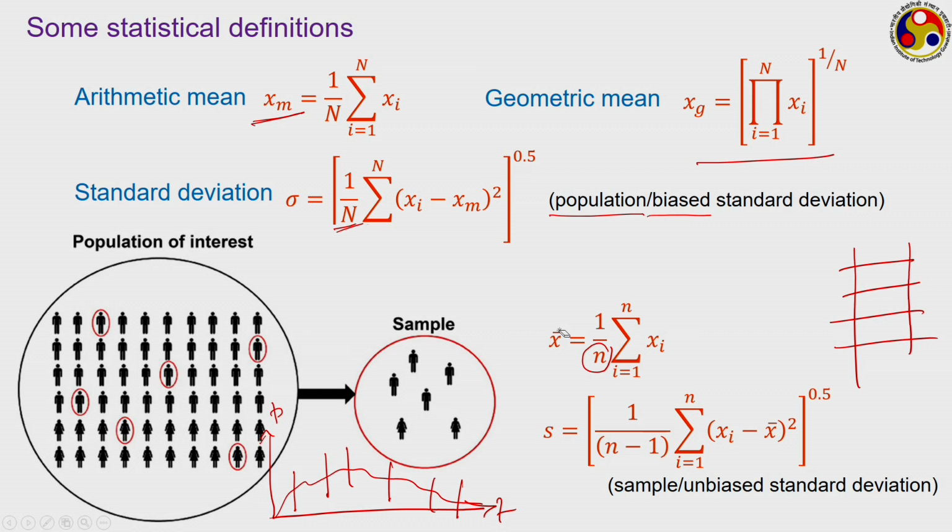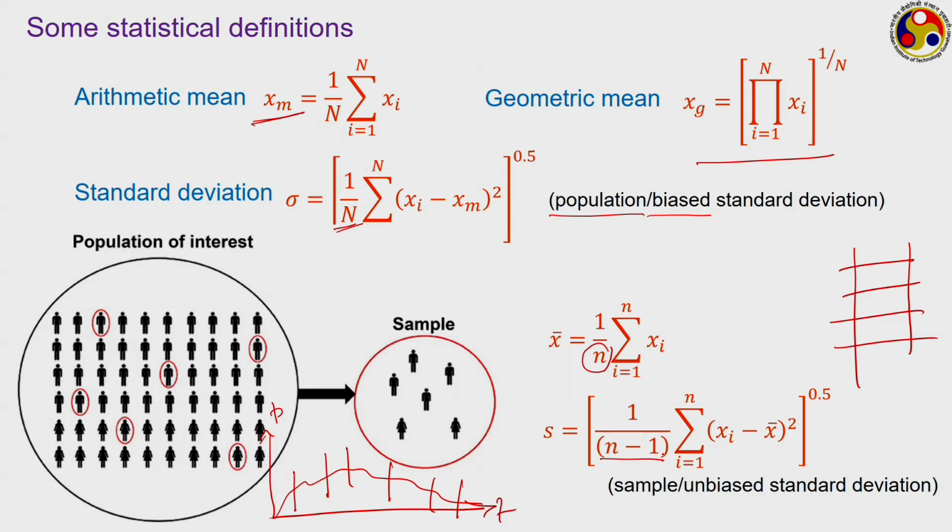So, x bar may vary with sample, and as the value of small n keeps increasing, x bar approaches the actual arithmetic mean. That is, when small n tends to capital N, x bar tends to xm.